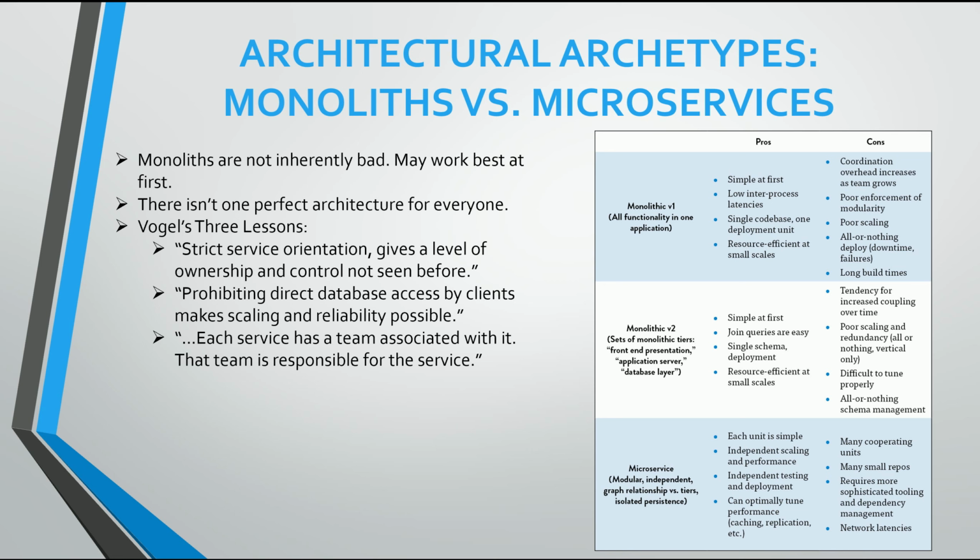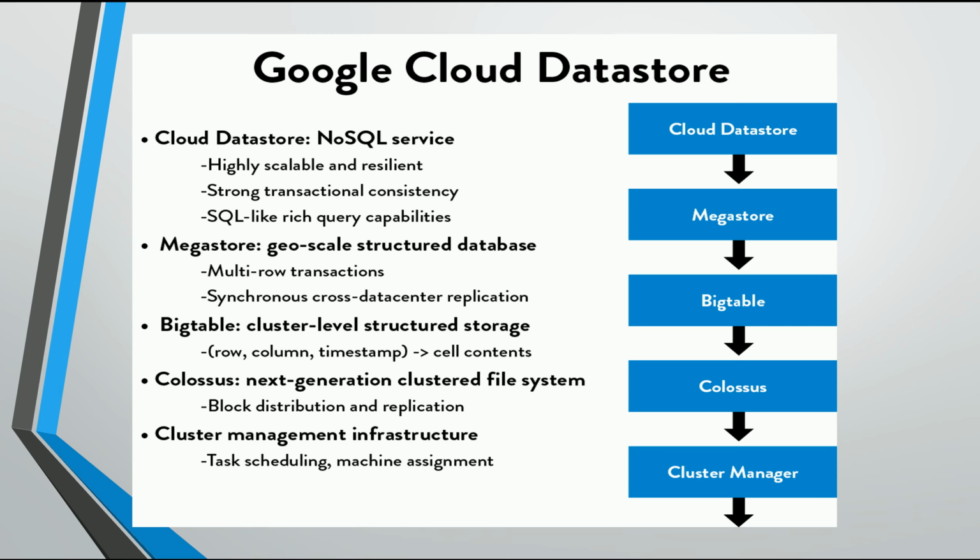So if you were to go back to Google's page, this cloud data store is built on many services that have small teams. I believe the book says that the cloud data store team itself is just 8 people, but it's built on lots of other teams that make up the services for cloud data store to run correctly.